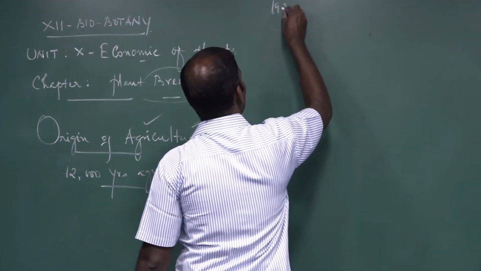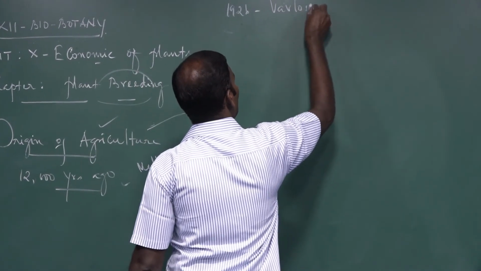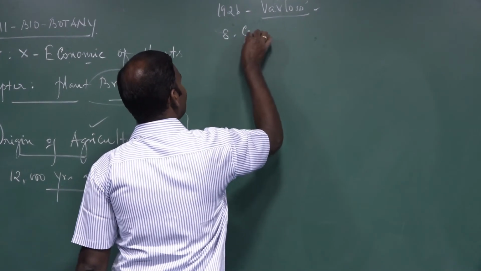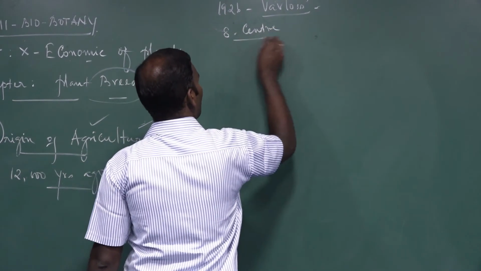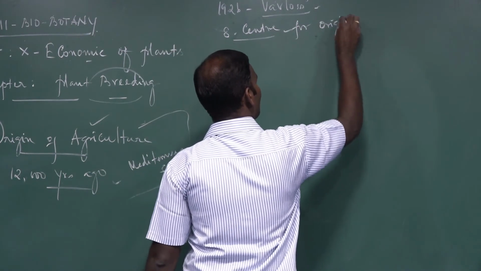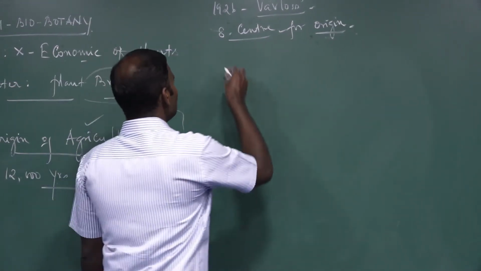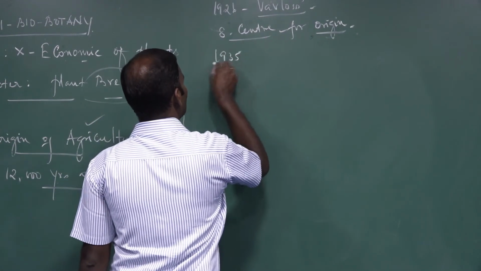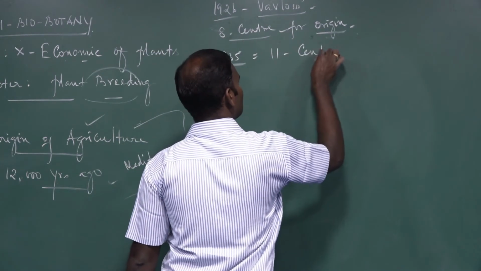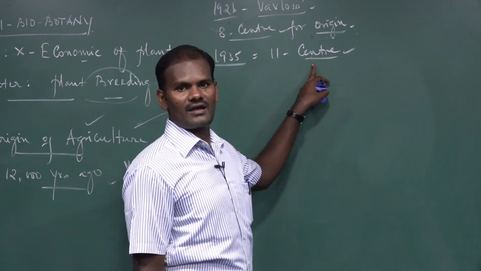Initially in 1926, Vavilov proposed 8 centers for the origin of cultivable plant species. And next, in 1935, he named 11 centers. We know that a center means a place of origin of cultivated plant species.